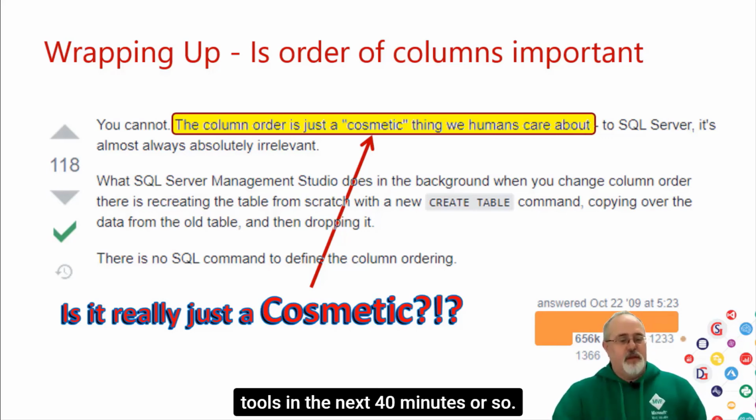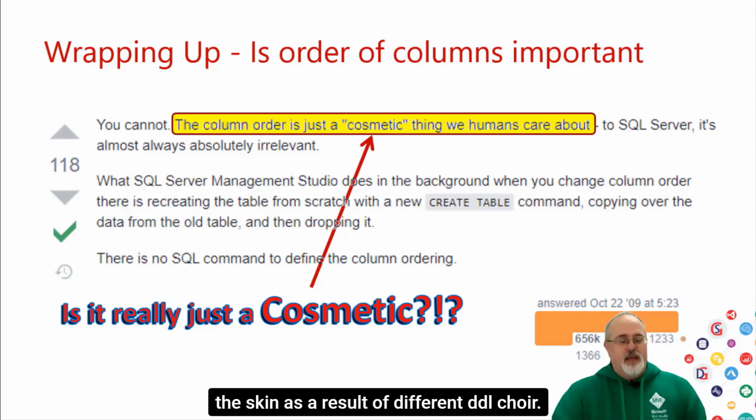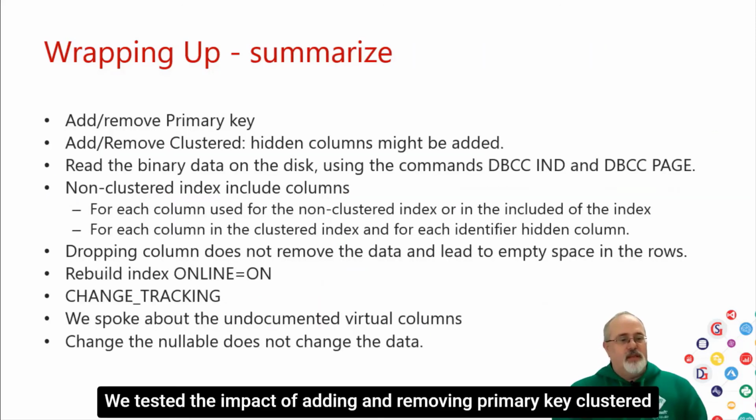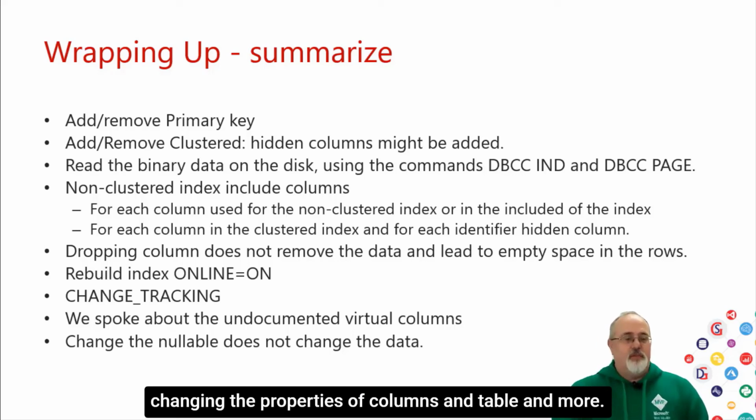In the next 40 minutes or so, we checked how the table's physical structure changed behind the skin as a result of different DDL queries executed on the table. We tested the impact of adding and removing a primary key, clustered index, non-clustered index, changing the data type of a column, changing the properties of columns and table, and more.